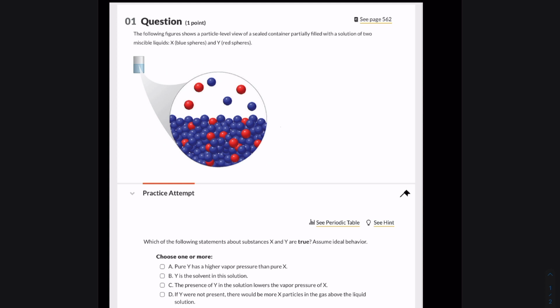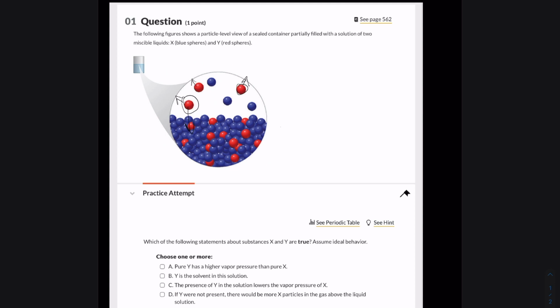So when talking about vapor pressure, it's important to understand that vapor pressure in a container comes from these gas molecules bumping into the side of the container, and that exerts a force on the side of the container, and that's what that pressure is. Also, these molecules in the gas phase are constantly bumping into the liquid and condensing back into the liquid.